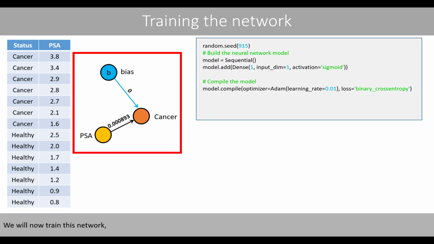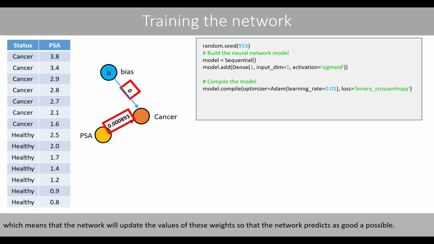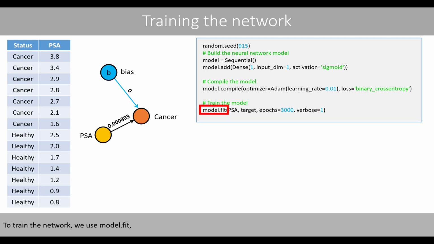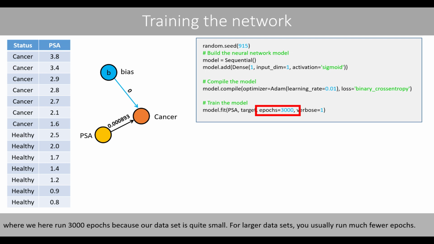We will now train this network, which means that the network will update the values of these weights so that the network predicts as good as possible. To train the network, we use model.fit, where we here run 3000 epochs because our dataset is quite small. For larger datasets, you usually run much fewer epochs.